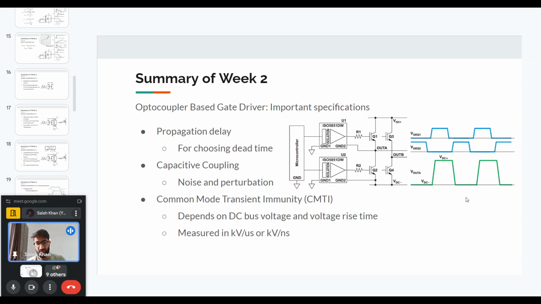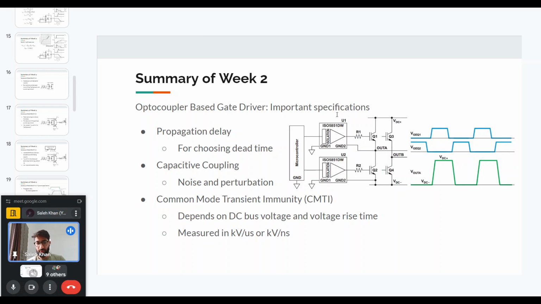Because it takes some time, and as we saw there is some parasitic capacitance, they will create parasitic currents, and that can create problems for the gate drivers.